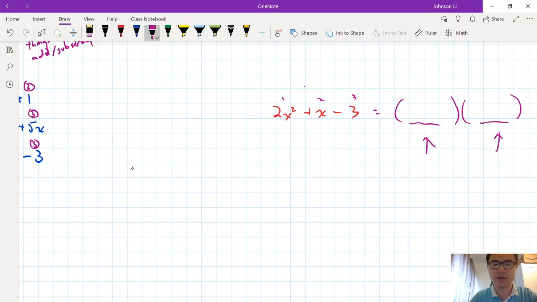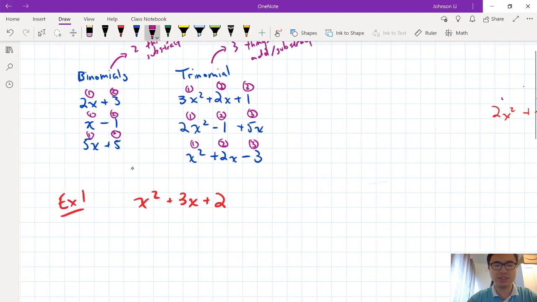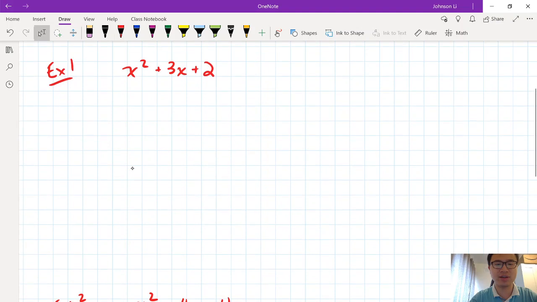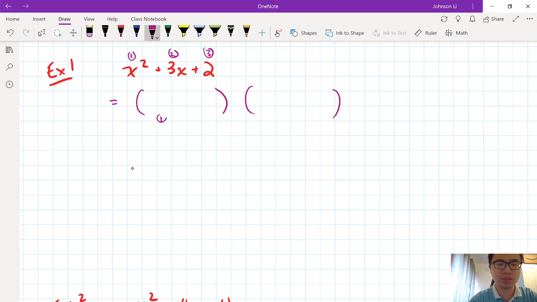How on earth do we do that? That's what we're going to be doing today. So over here I have a trinomial with three items, and I want to put it back into something that has brackets with only binomials inside. So I only want two things inside of each bracket. How in the world do we do that?